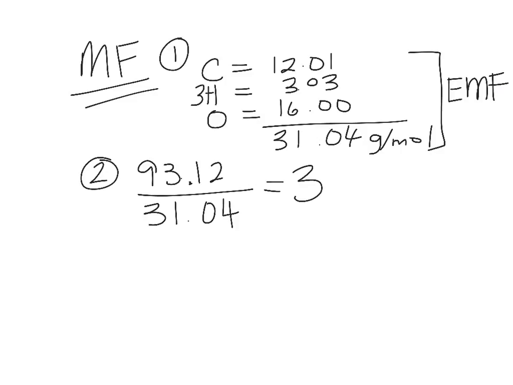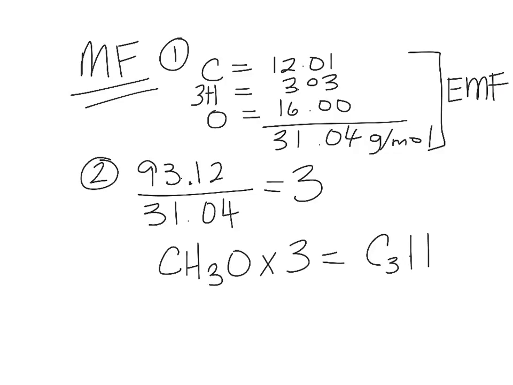That is your multiplier. You take your empirical formula and multiply it by that number, and it gives you the molecular formula. So CH3O times 3 is C3H9O3.